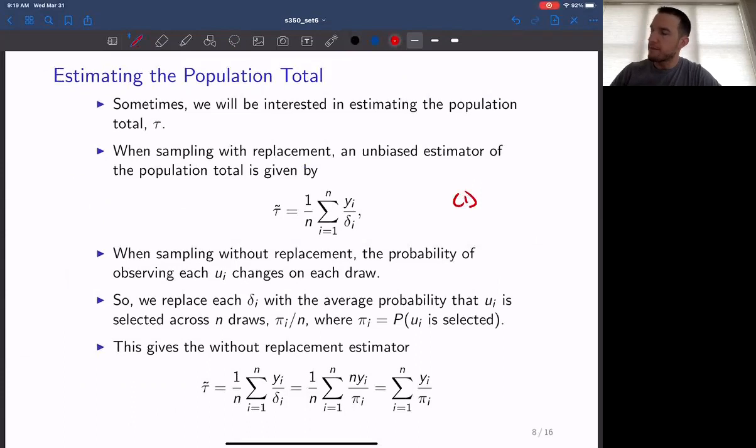So you can see that we have tau tilde is equal to 1 over n times the sum from I equals 1 to n of yi over delta I. Okay. So this would basically be similar to the thing that we had before. This is going to be a number of samples in this case. Same thing here.